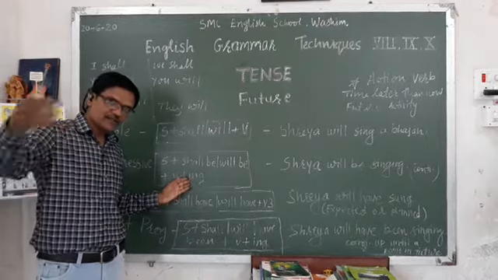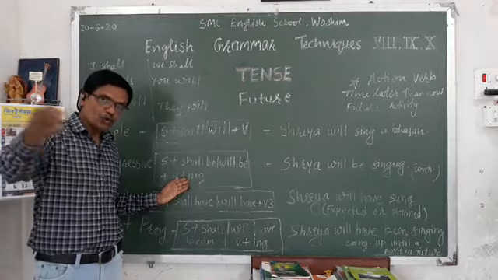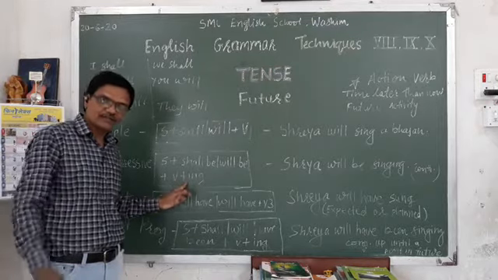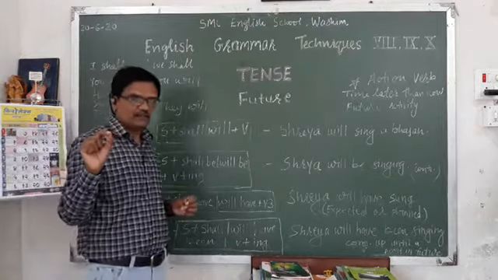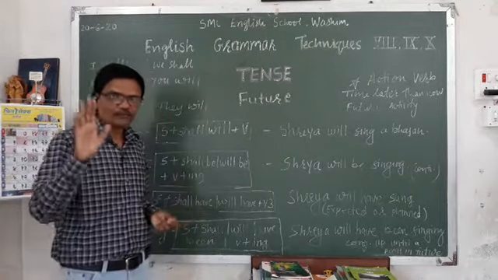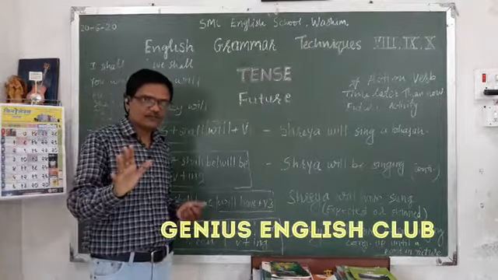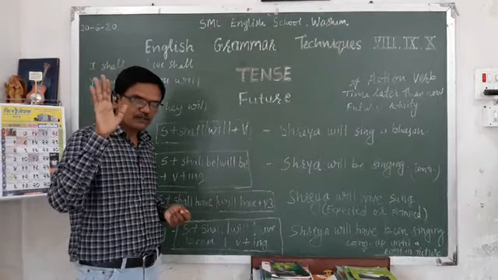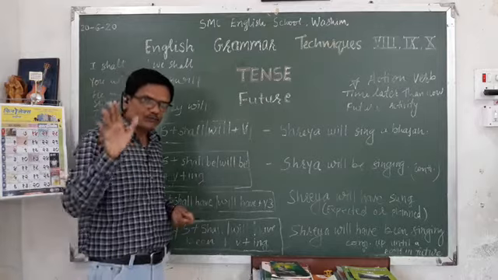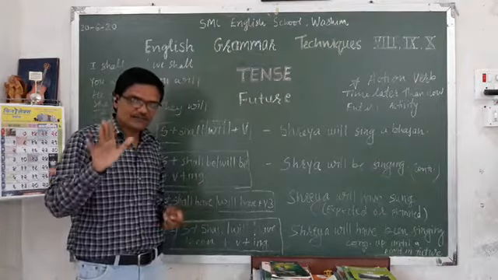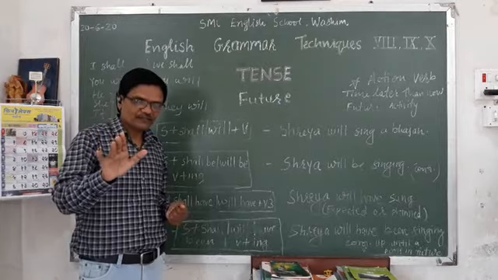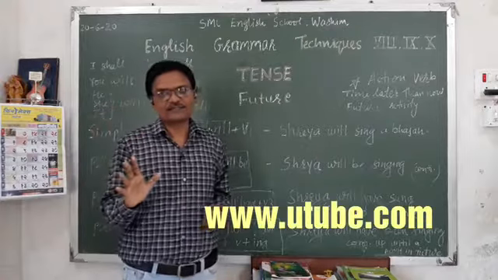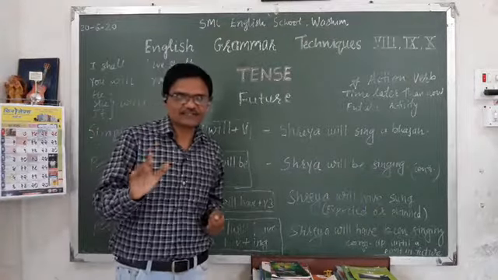I insisted earlier to you all that for continuous tense there will be verb plus ing, there will be present participle. This is the fourth form of the verb. Base form, past tense form, past participle form and verb plus ing, that is present participle, is the fourth form, and this can be used in progressive tense, continuous tense.